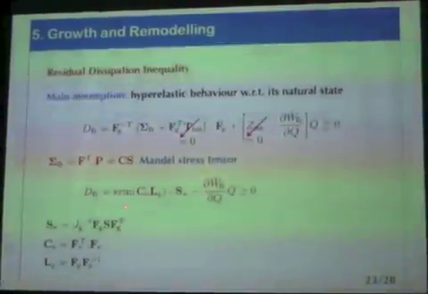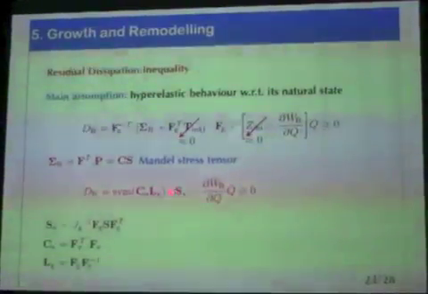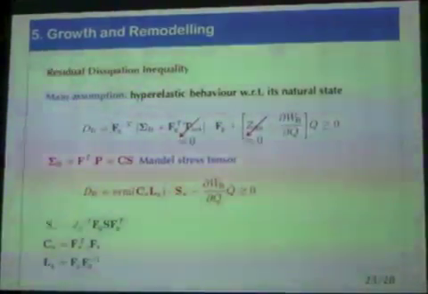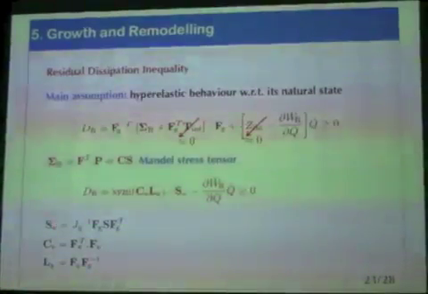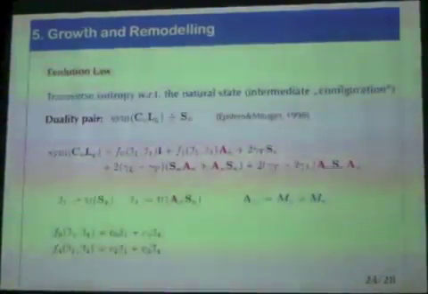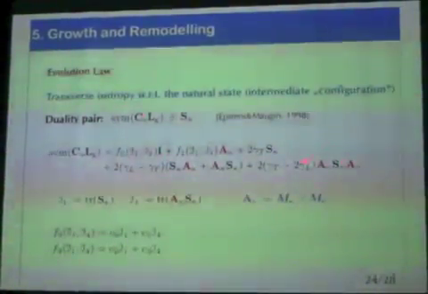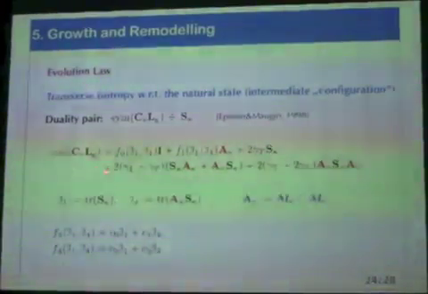And I get this nice form of this term by choosing these duality pairs, where K is the second Piola-Kirchhoff stress tensor written with respect to the natural state of the material. Then I might think of writing, in the case of a transversely isotropic material, this form of evolution law for L_G.